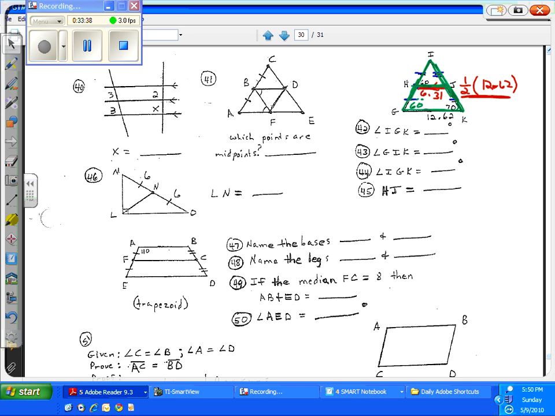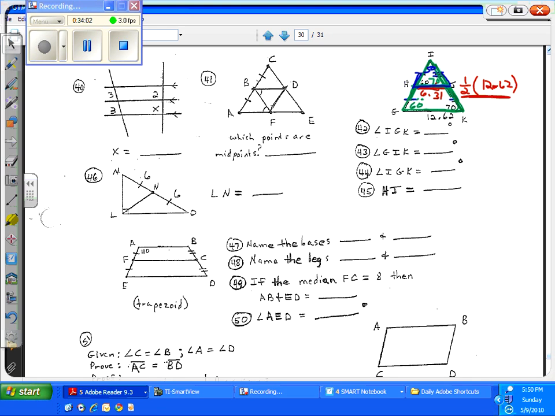So if this angle up here is 60, then this one is 60. And if this one down here is 70, this one is 70 because corresponding angles are equal. The sum of the angles of a triangle is 180. So if you add the 60 and 70, you get 130, and 180 minus 130 leaves 50 for the last angle there.